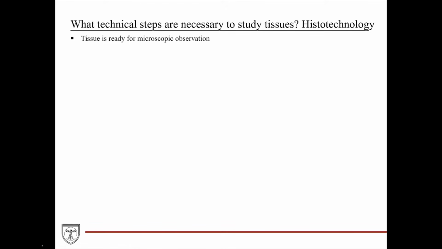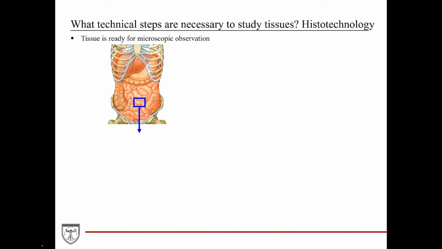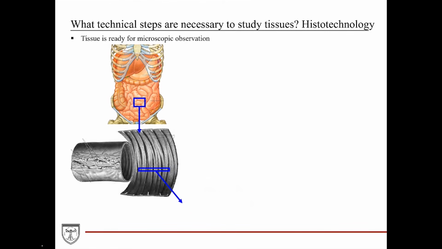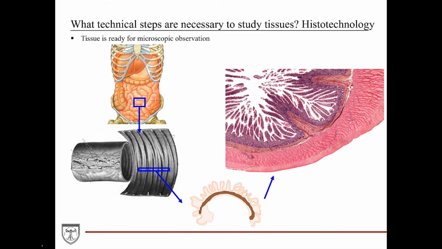And to get here, we had to take a number of different steps, starting all the way from the surgical resection, fixation, taking even smaller sections out of the organ, then processing, embedding, sectioning, then staining to get to a histological image that we can observe under the microscope.